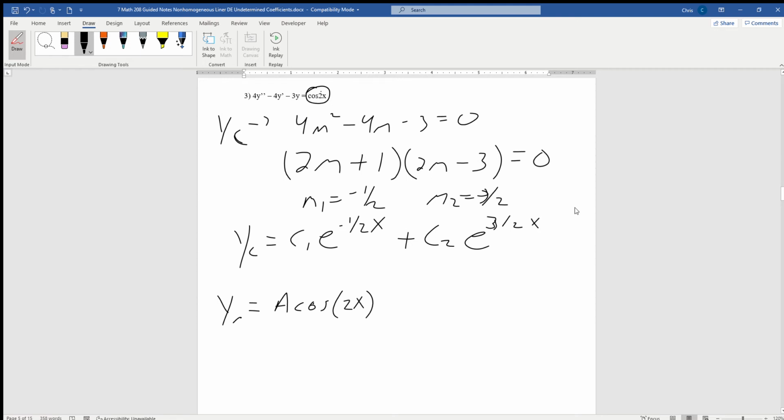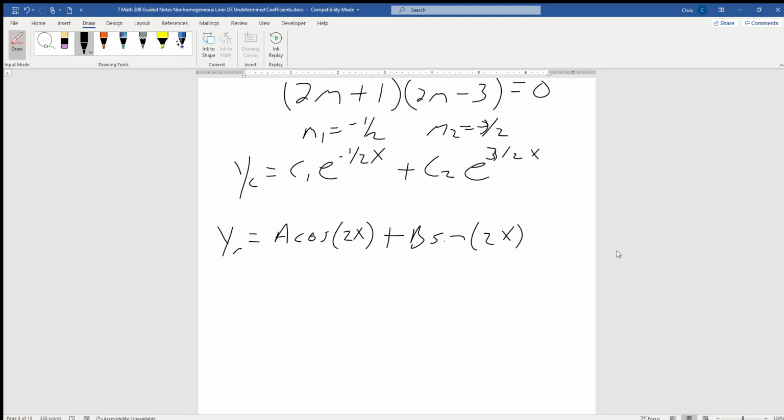So in addition to a cos 2x, we also need b sine 2x. All right, so we have to be careful with that, and that's true every time we have a sine or a cos as the right-hand side of our function for these non-homogeneous types of differentials.